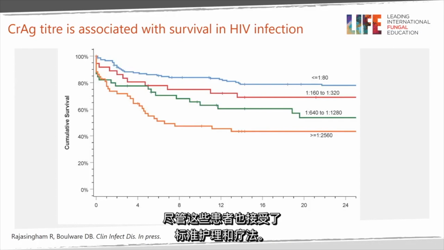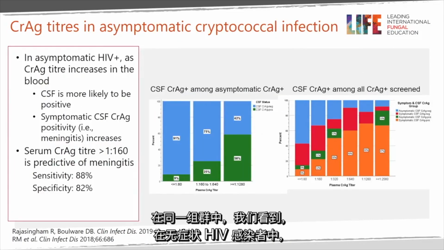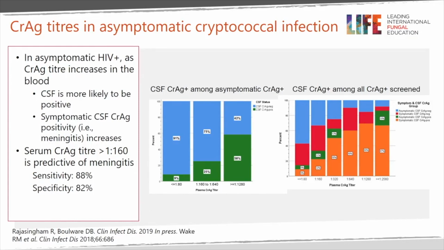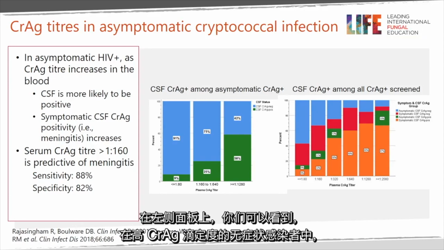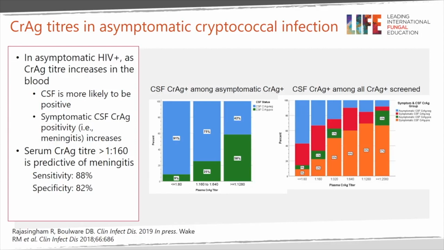From the same cohort, we see that in asymptomatic HIV-infected persons, as serum CrAg titer increases, the probability of CSF involvement increases. On the left panel, you can see that in asymptomatic persons with high CrAg titers, those people are more likely to have subclinical cryptococcal meningitis.